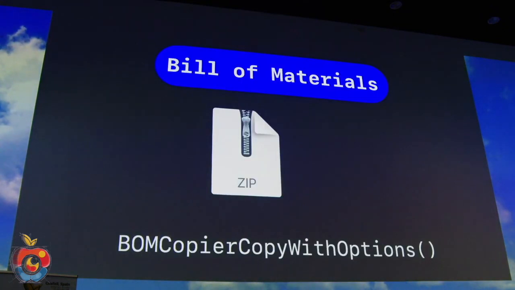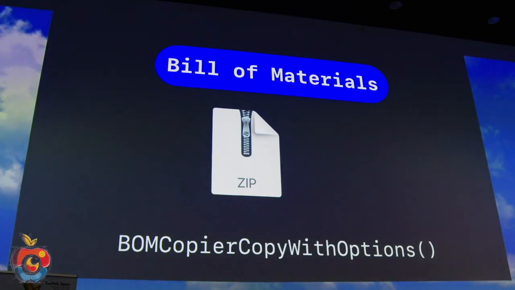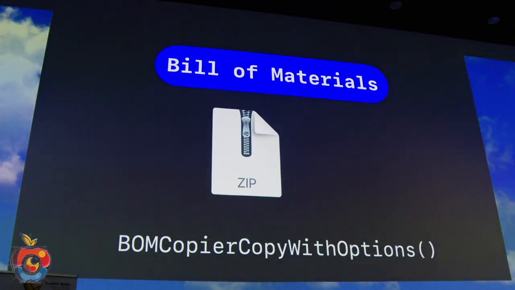So upon unarchiving the application from a normal zip file, so let's say we're not using a zip file that's been set to bypass in any way, you take the bill of materials. A bill of materials is a list of software that should be installed. Generally, you think of it associated with a PKG, but the operating system does keep track of bill of materials for zip files as well.